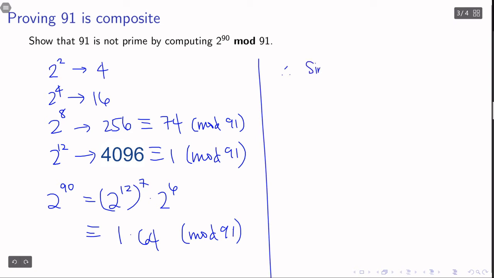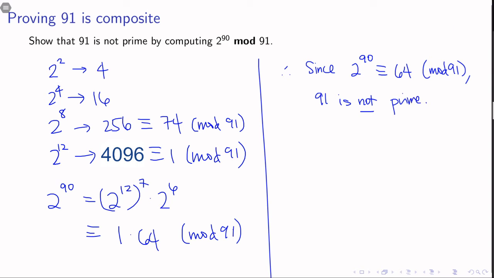Therefore, since 2 to the 90 is congruent to 64 modulo 91, 91 is not prime. Because again, if it were prime, then we would have gotten just 1 here as a result.